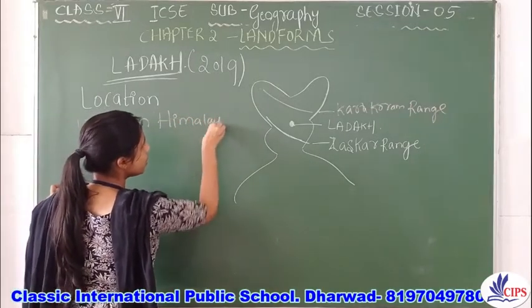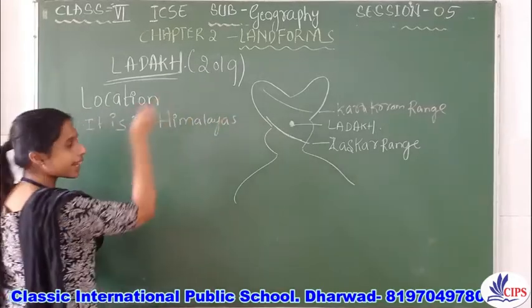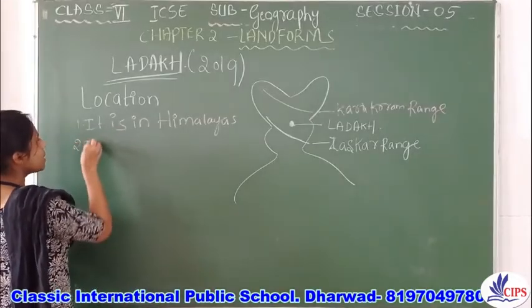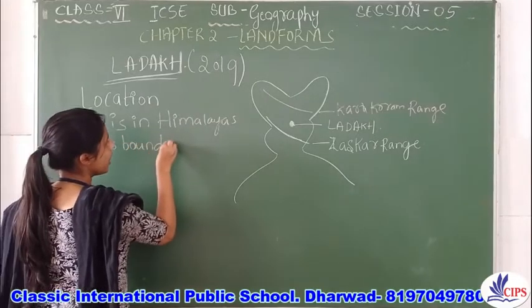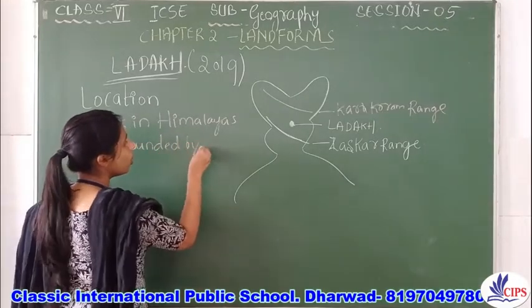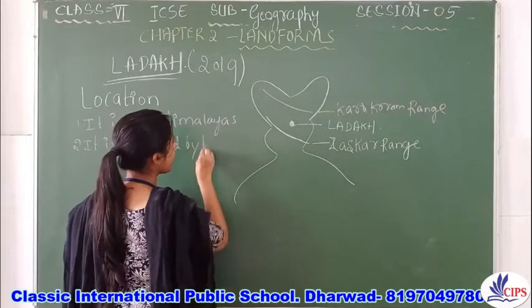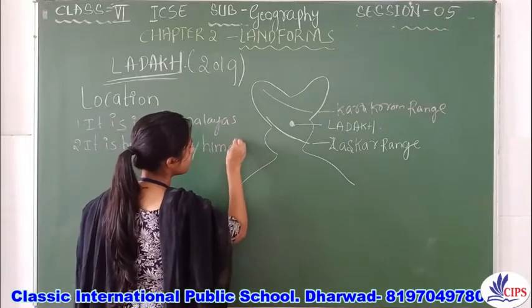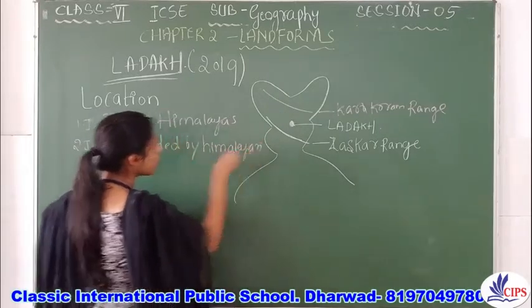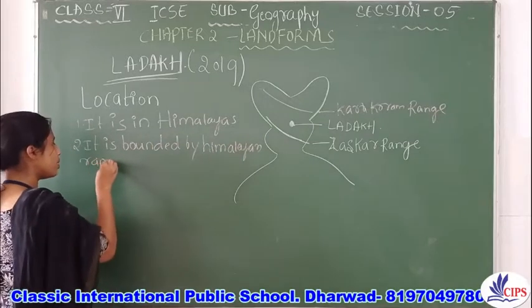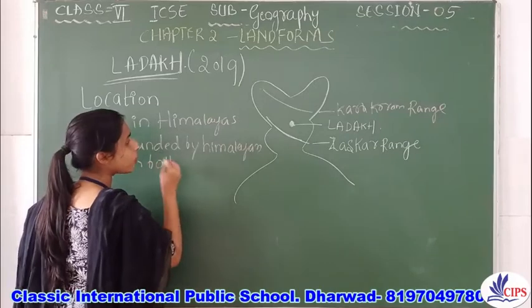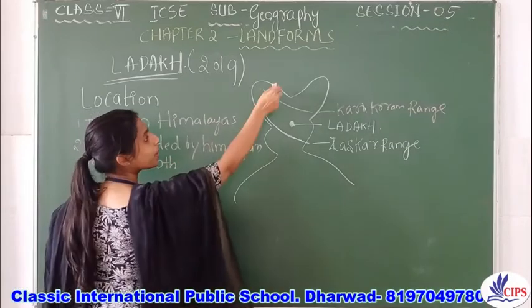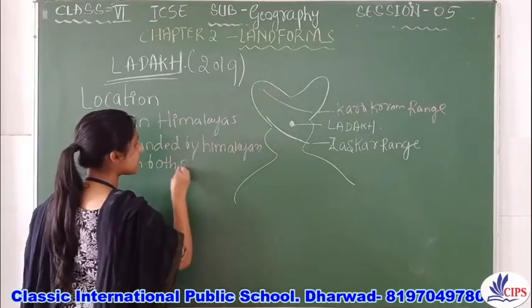The region is in the Himalayas. The second point, it is bounded by Himalayan ranges on both the sides, I mean on the northern side and on the southern side.